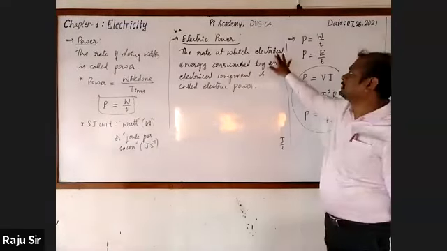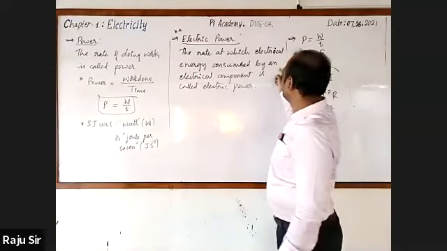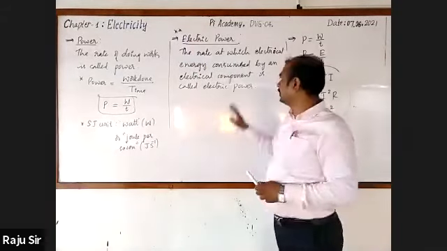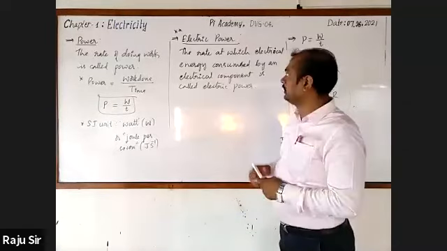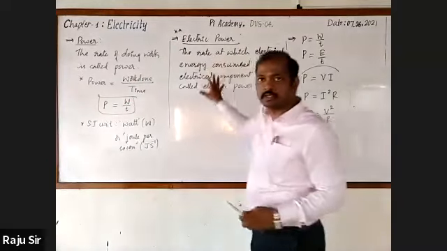The rate at which electrical energy is consumed by an electrical component is called electric power. It's an important one. It is general information, but you must learn this one.